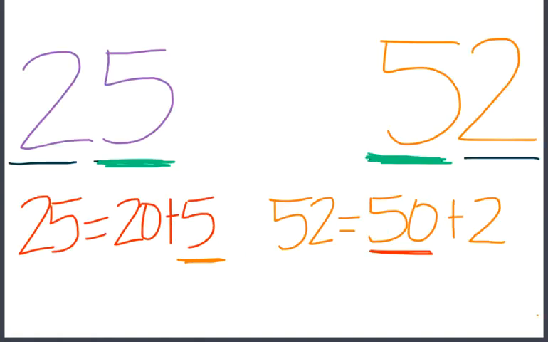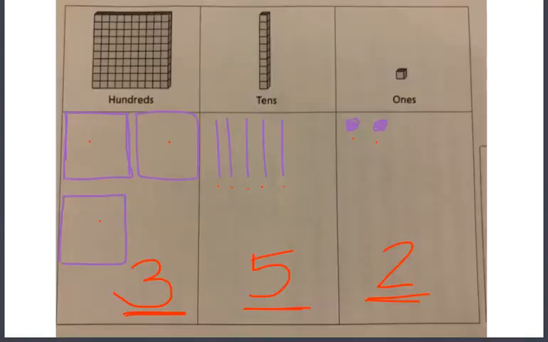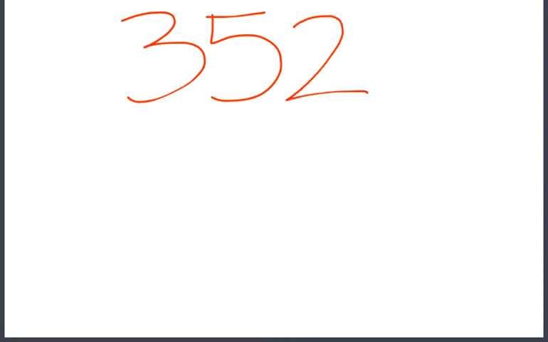Like these, 25 equals 20 plus 5, and 52 equals 50 plus 2. How could we write a number sentence for this number, 352?